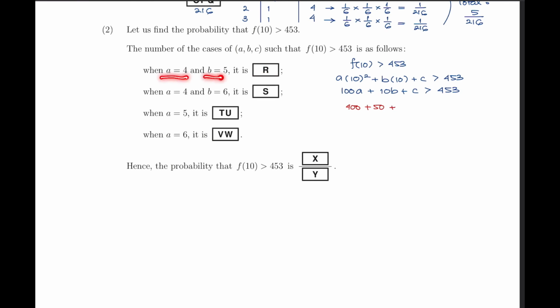When A equals 4, B equals 5, C can be 4, 5, and 6, so that if we add it up, it's greater than 453. C is either 4, 5, or 6. So there are 3 cases.